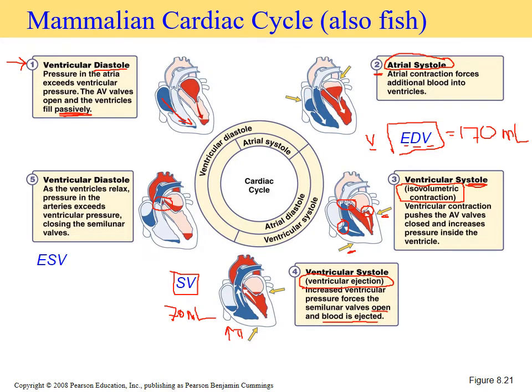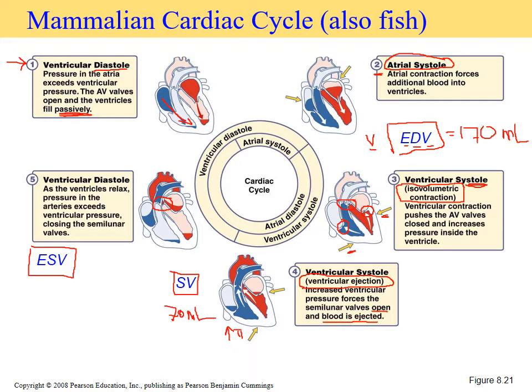So when you do that, you're once again in a situation where the ventricle is closed off at both ends and no blood is coming in, and then we have our last volume to report, which is our end systolic volume. So at the end of contracting, how much blood do I have left?